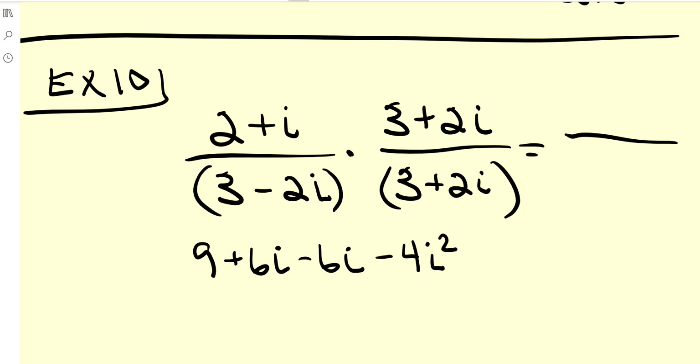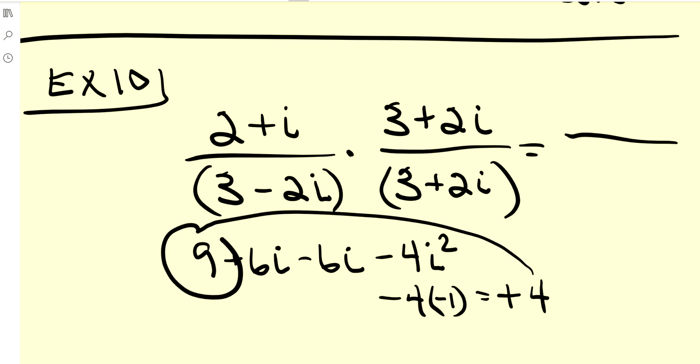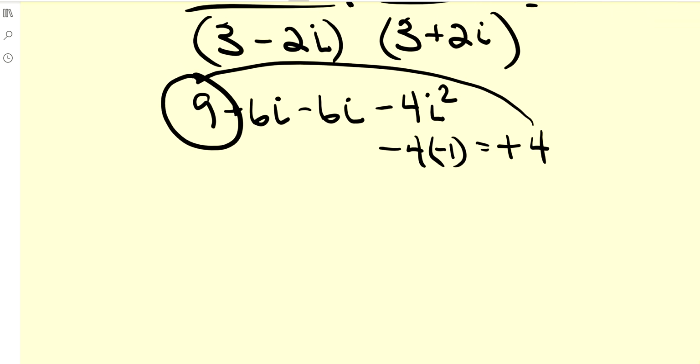And again, we note that negative 4 times negative 1, because that's what i squared equals, is going to be positive 4. Then I'm going to add the 4 to the 9, and 4 and 9 gives me 13.